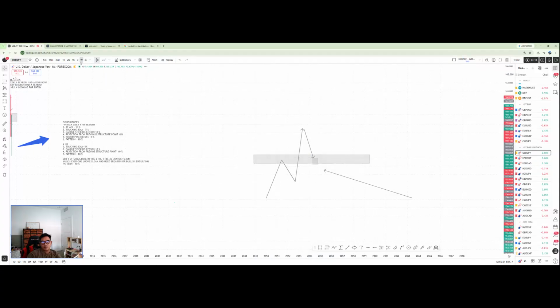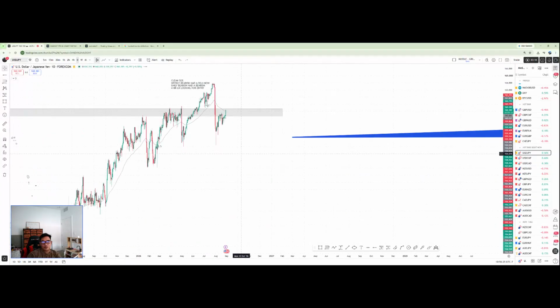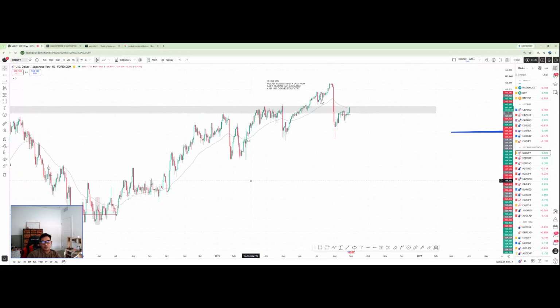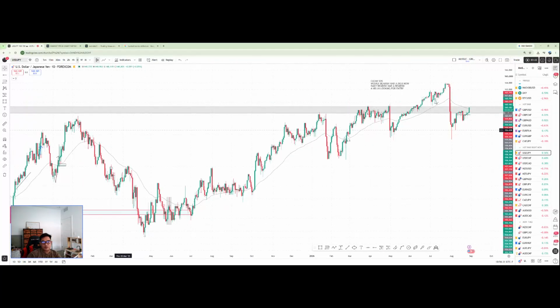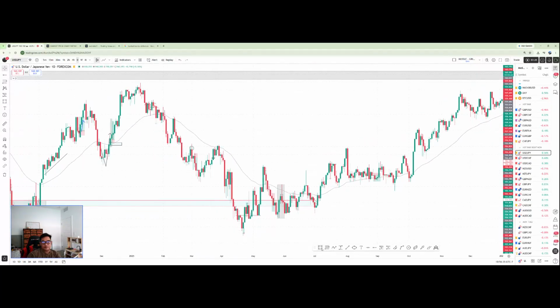Right, very good example here on the USD. We're going to spot the rejection of the previous structure point. Let's say here on the daily time frame, you have your area of interest here. Are we rejecting the previous structure point? Yes, because this is your higher high, higher low, higher high.